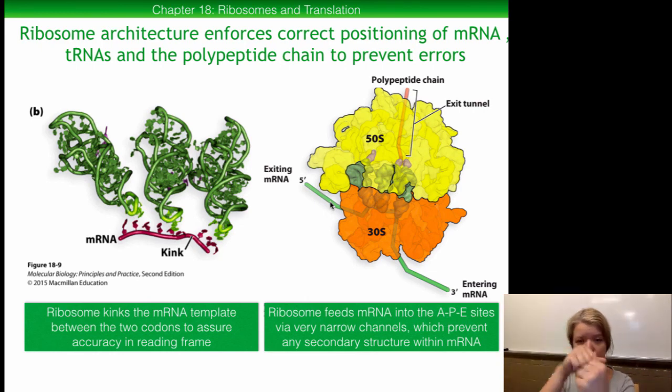And again, that's held together by the rRNA, the 16S RNA inside the 30S ribosome. This narrow channel prevents any sort of secondary structure in the mRNA and allows for very tight control of the mRNA so that kinks can be introduced and the codons can be partitioned into the triple-nucleotide codons that are necessary for the proper reading of the genetic code.